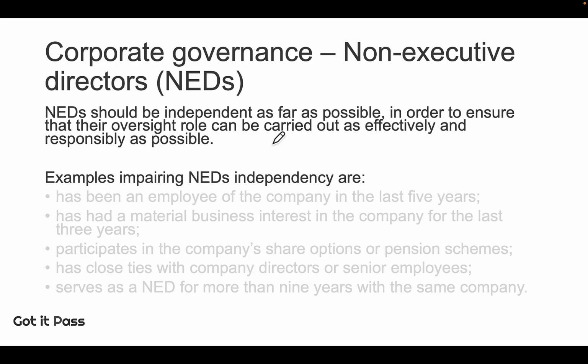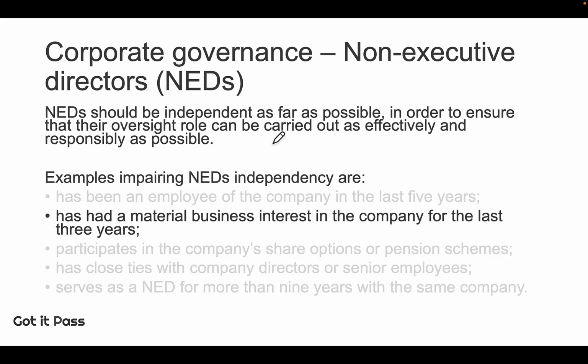As said, non-executive directors should be independent, and here are the examples impairing non-executive directors' independency. First, if the non-executive director is appointed and has been an employee of the company in the last 5 years, it is considered his independency is affected or even impaired.